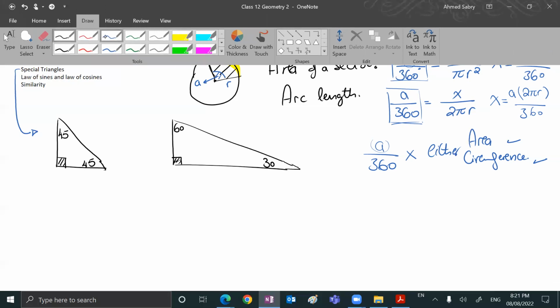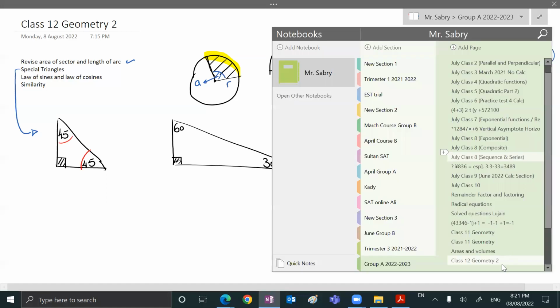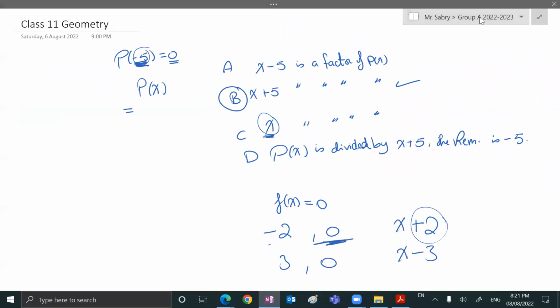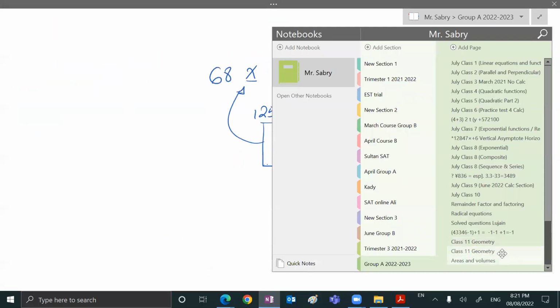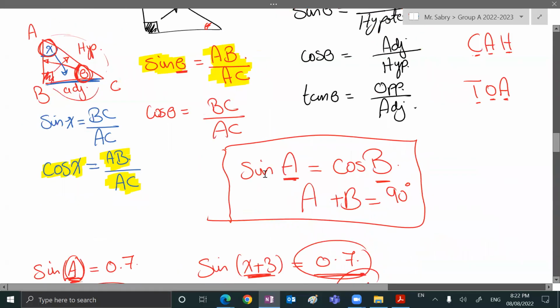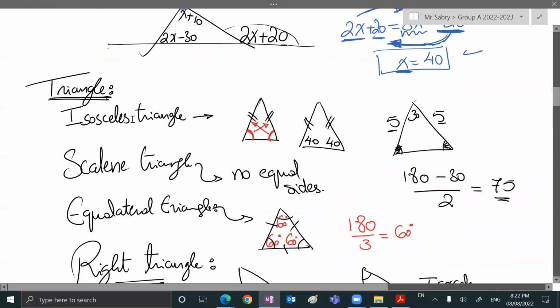So the 45, 45 degrees, what does that tell me? If you remember when we discussed the isosceles triangle in the previous lesson, we were talking that there are types of triangles, and one type was called an isosceles triangle.